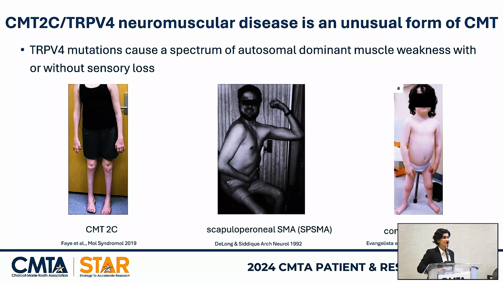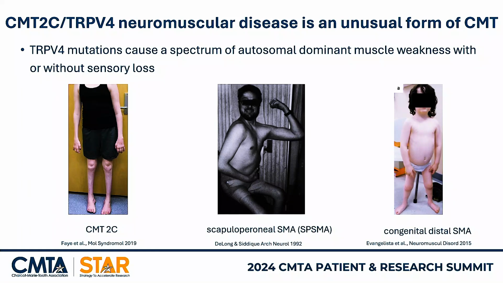We label those patients as having scapuloperoneal SMA. And then there are other patients who are basically born with weakness, and we label those patients as having congenital distal SMA. What we're finding, however, is that most patients with TRPV4 mutations don't neatly fall into one of these three categories, and rather patients with TRPV4 mutations sort of exist on a spectrum. And so we like to also refer to this condition as TRPV4 neuromuscular disease.